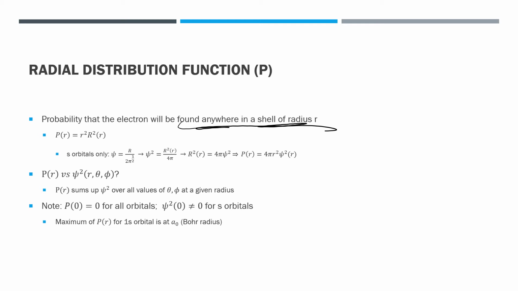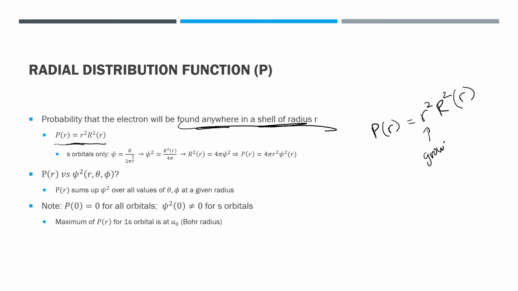We can calculate my radial distribution function by looking at this equation. P of r, which is my radial distribution function, equals r squared times our radial wave function squared of r. Why does this make sense? P of r should grow by r squared.